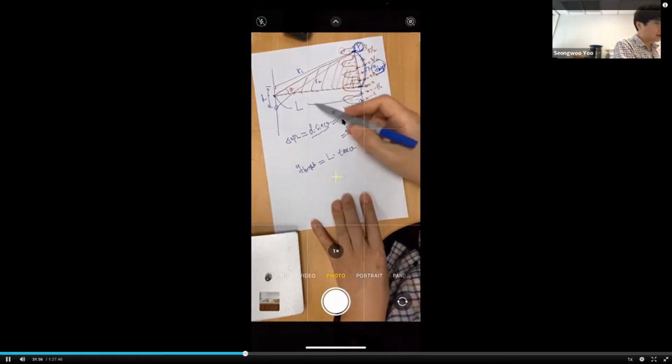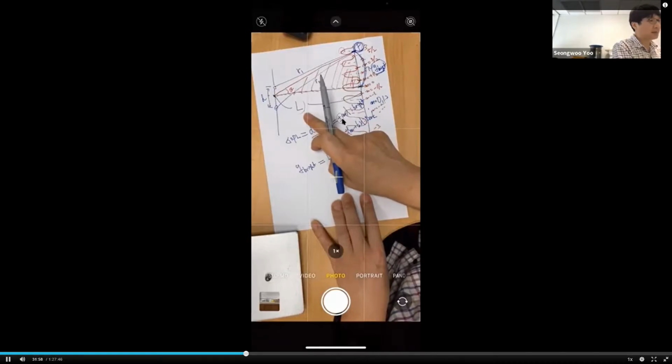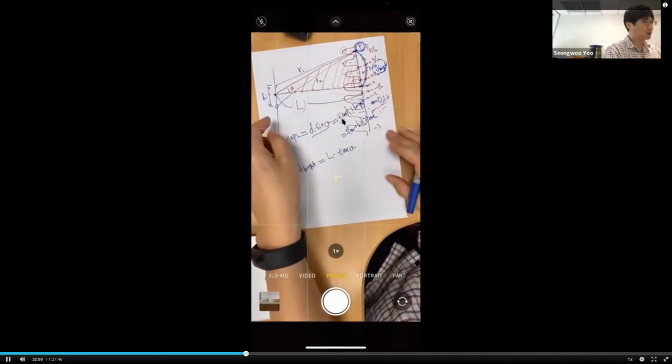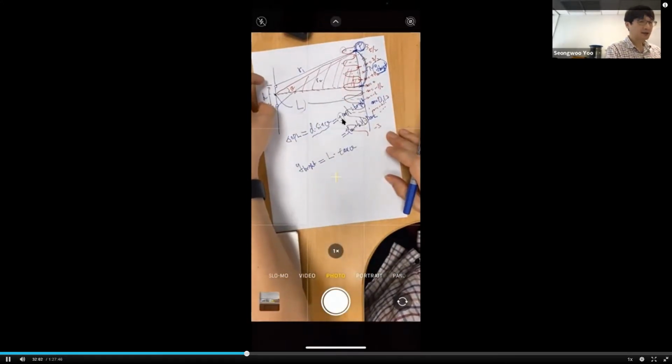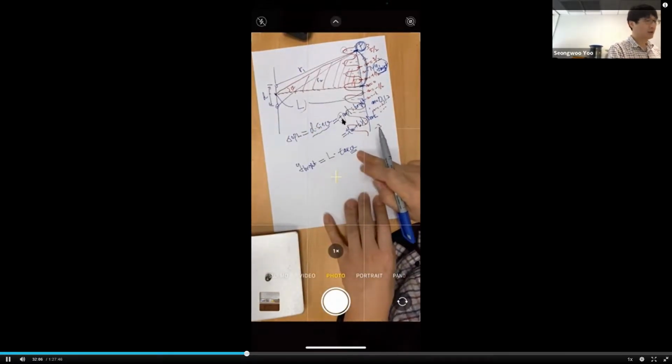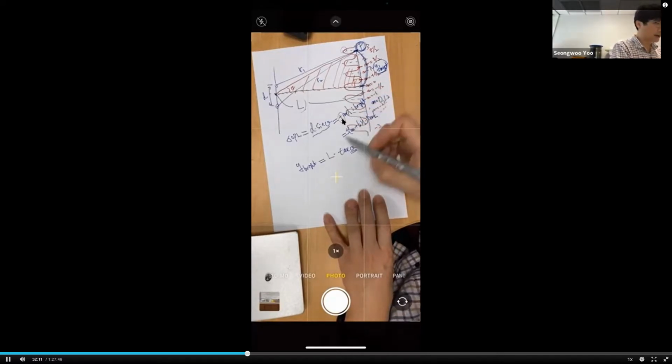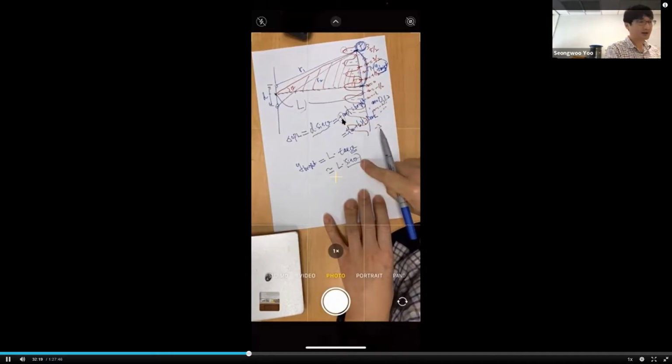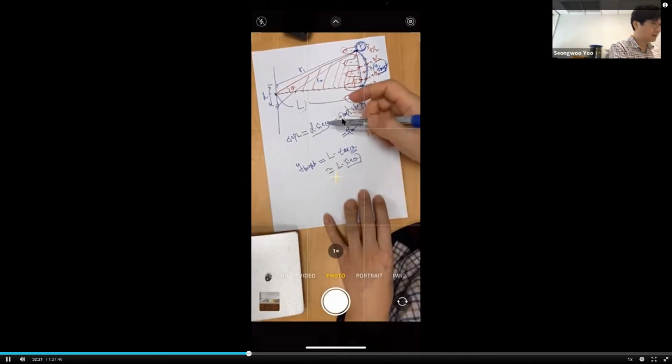And if this distance is very large compared to the slit separation, then this angle becomes very small. Then we can introduce a small angle approximation, which will go like L times sine theta. So this sine theta is very familiar to us because it is part of this optical path length difference.